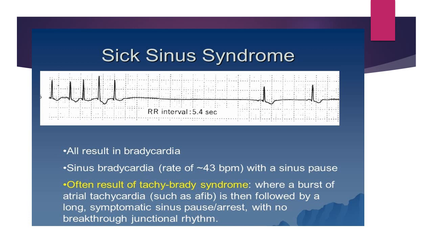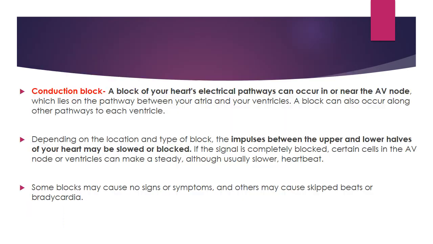Then you see the big pause, then you see that the R waves are quite separated. So again there is a delay. This kind of condition is called sick sinus syndrome, and it can result in a big pause, or sometimes the patient can end up in an arrest condition. So all this needs great attention, so that we do not lose our patient.